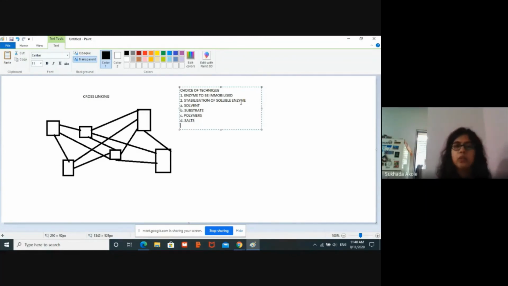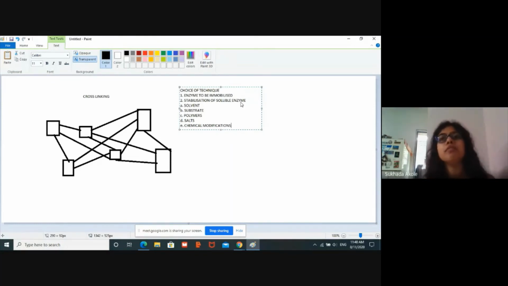Now, another way in which we can stabilize our soluble enzymes is by chemically modifying them. Okay. Now, what kind of modifications?